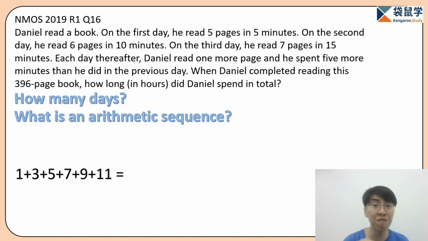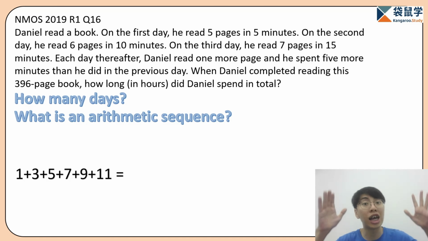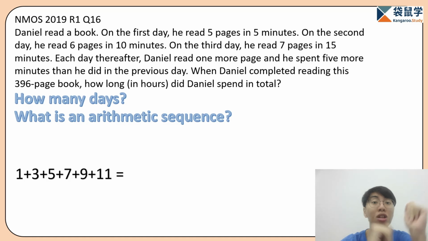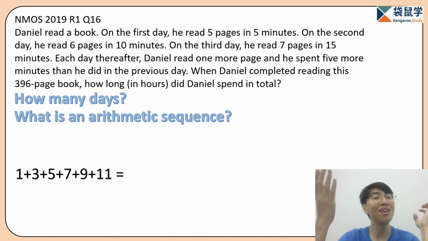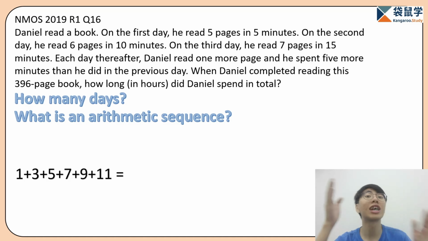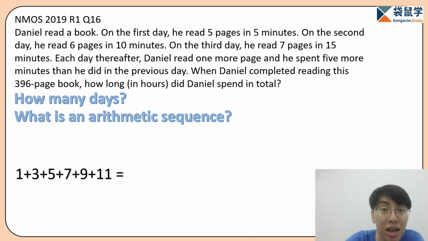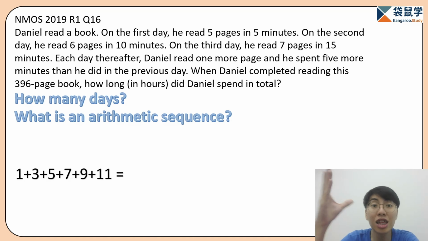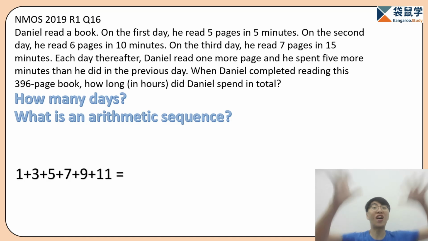We see that the difference between each of those numbers is 2. So, is there any way that we can find the sum of all 6 numbers? Well, you may be thinking, of course I can just add them up one by one. But is there any method that we can use to make it faster?